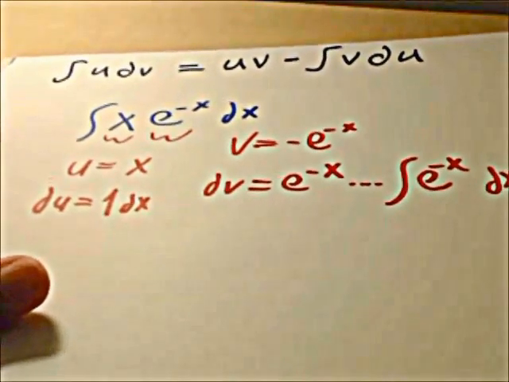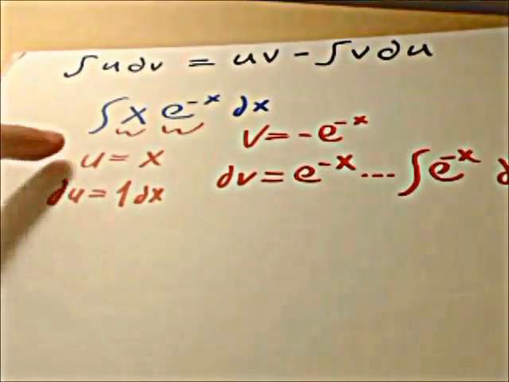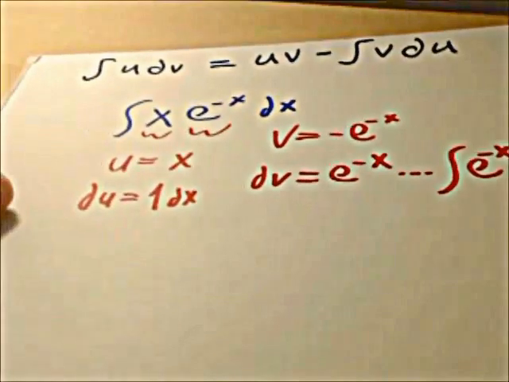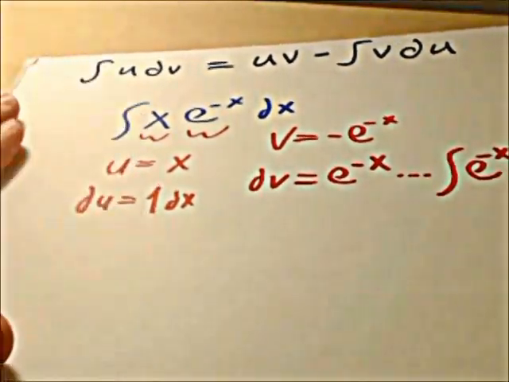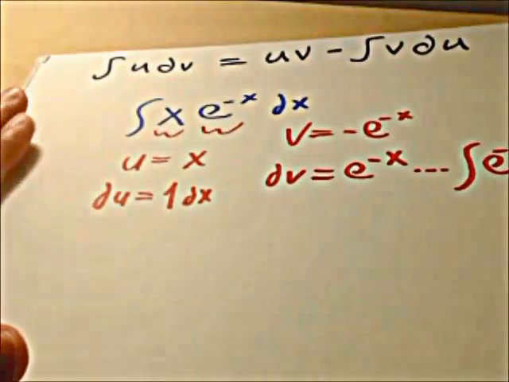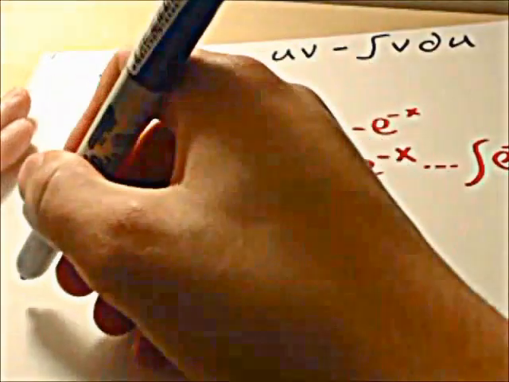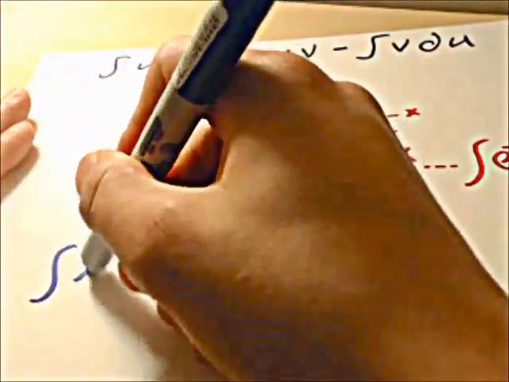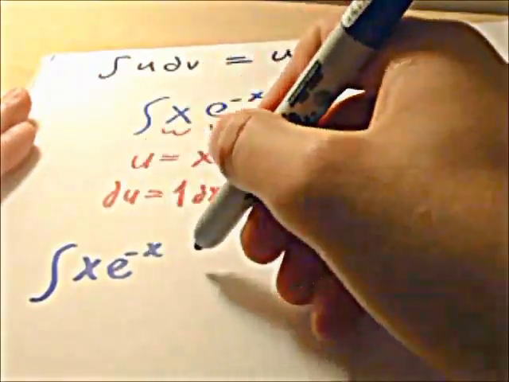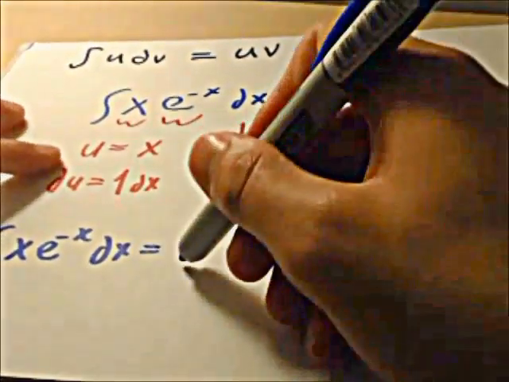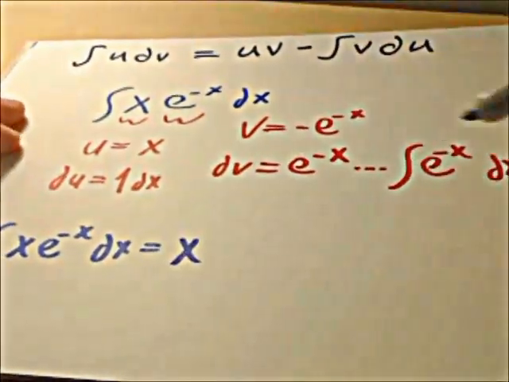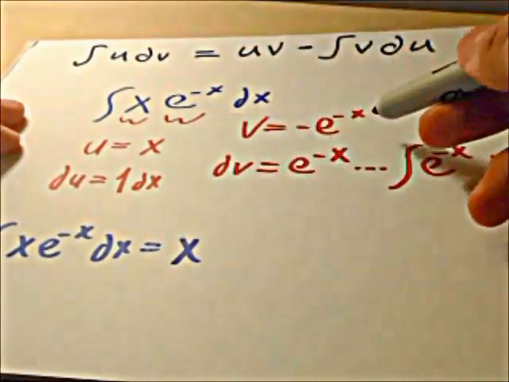So yeah, that's it. Now we're going to apply our u, du, v, dv to this formula. So we're just going to rewrite it again. That would be the integral of x e to the power minus x dx equals uv. Now our u is x and our v is minus e to the power minus x.